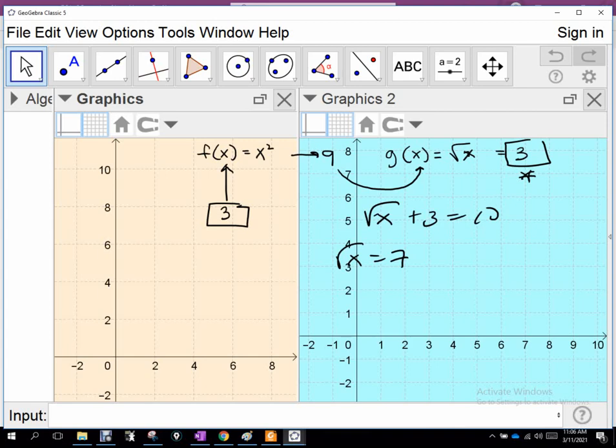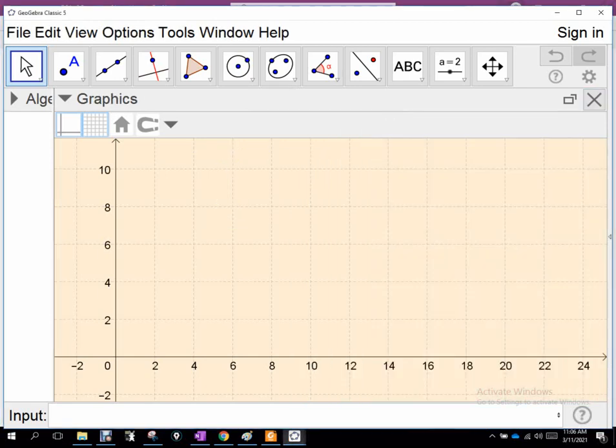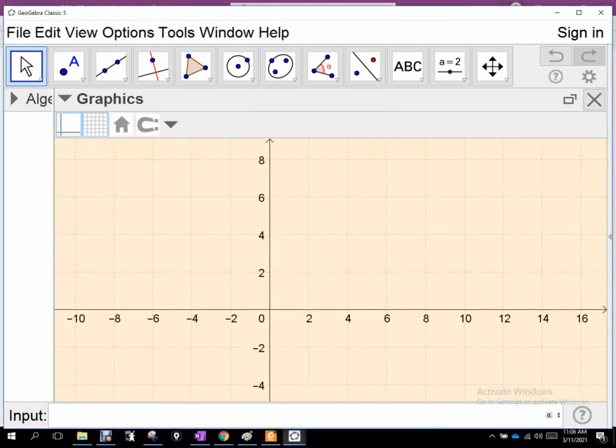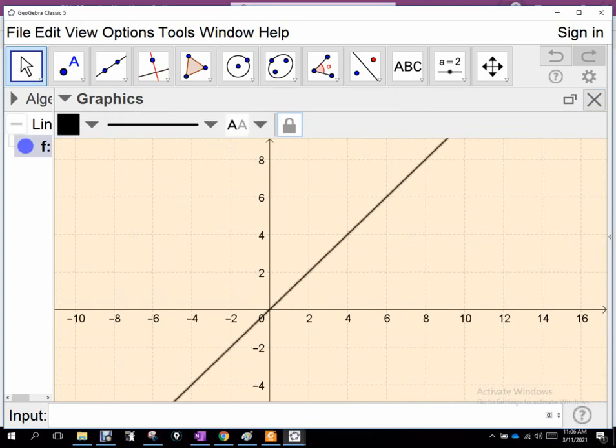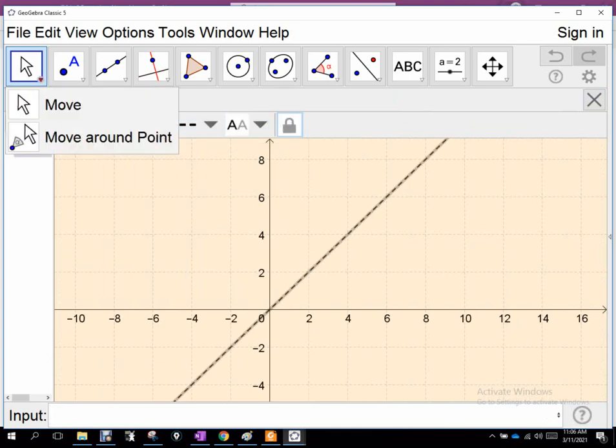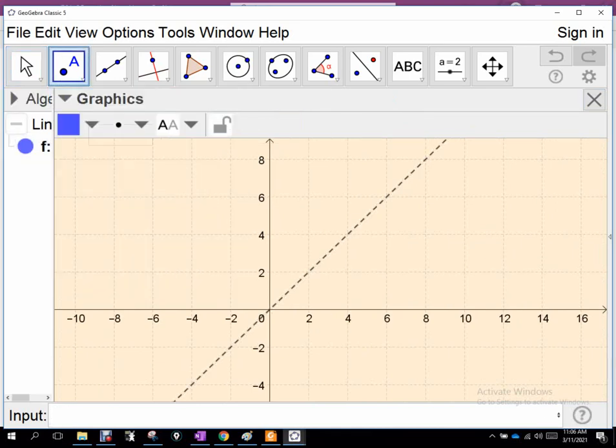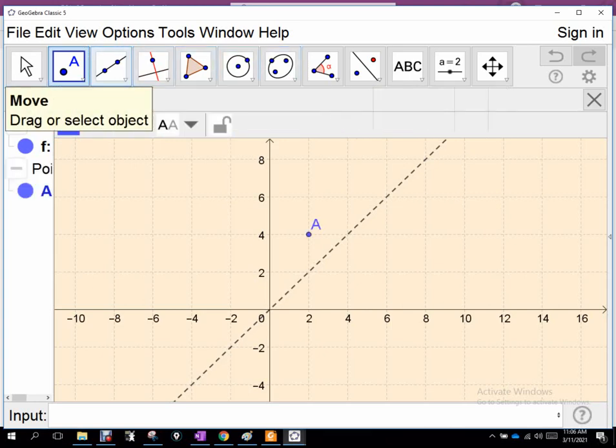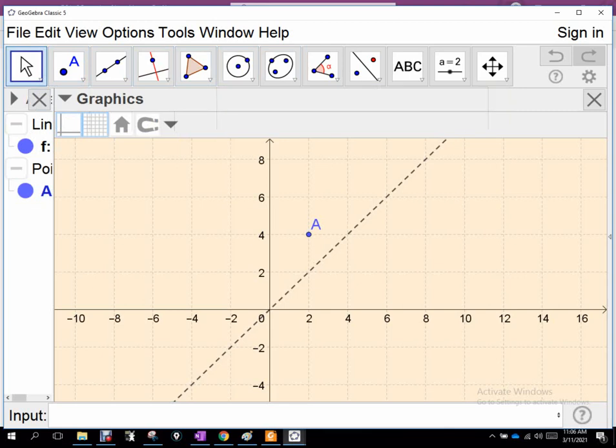Let's just clean some stuff up here real quick. If I look at the line y equals x, that line right there, and I put a point like (2, 4) over here, and do exactly what we just taught: if (2, 4) is the point on the original function, then what is the point on its inverse? (4, 2).